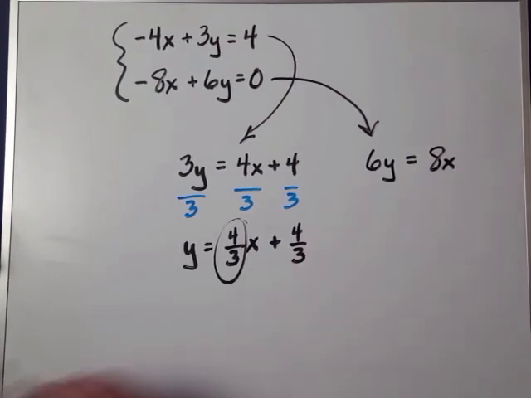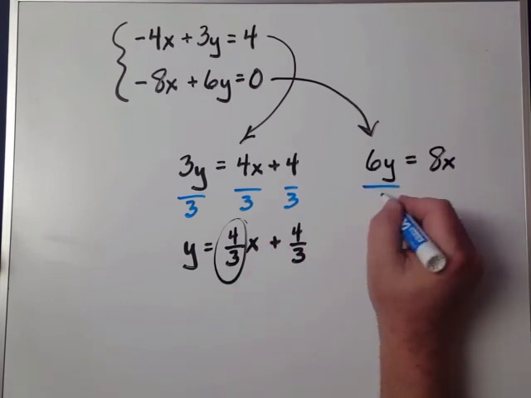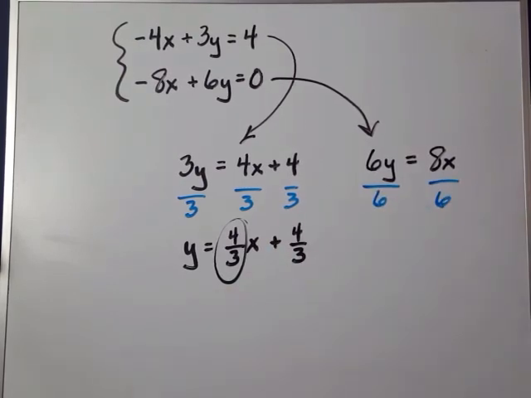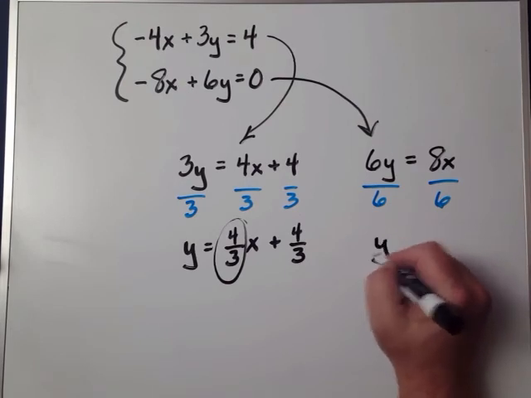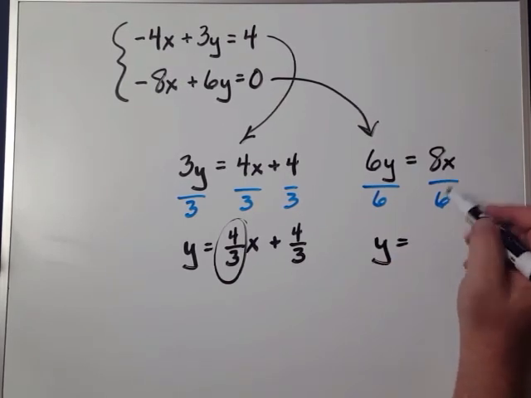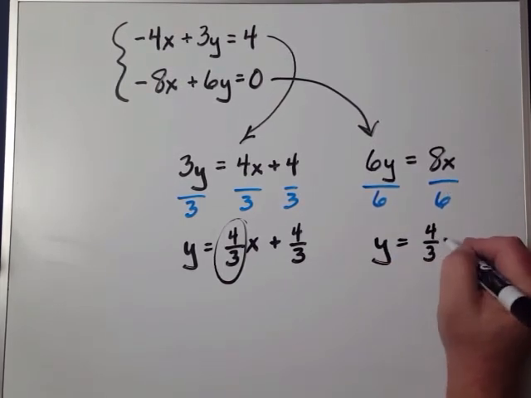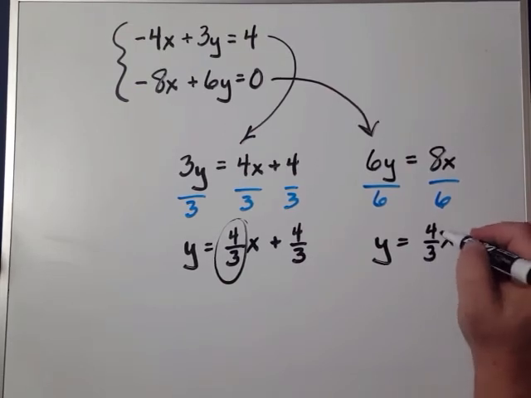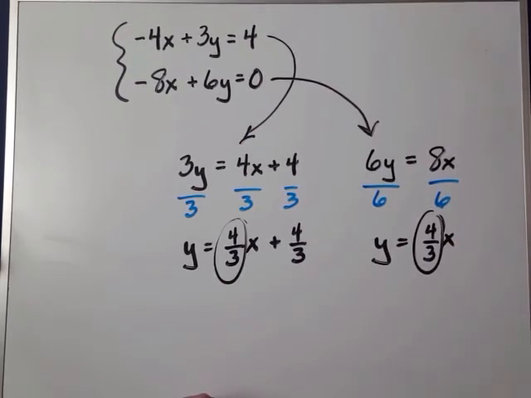And divide both sides by 6 to find that y equals, go ahead and reduce that, 8 over 6 reduces to 4/3 times that x. The slope of the second line is 4/3.